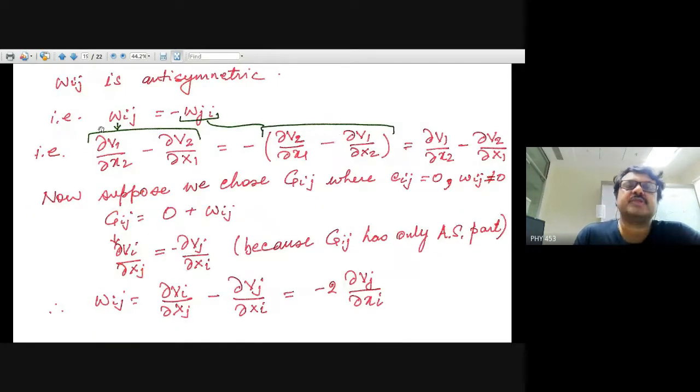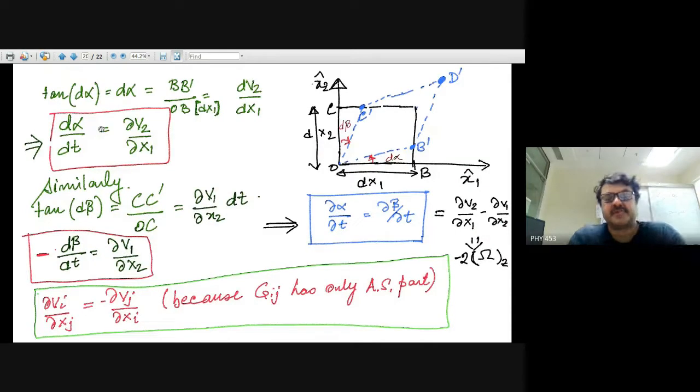And to show that it basically represents rotation rather than deformation, I plotted the previous graph, and I shall show that del alpha will be equal to del beta and not with a minus sign. So tan d alpha, just as before, will be d alpha into bb dash into dx1, just the previous result, and that is equal to del V2 del x1 in general.